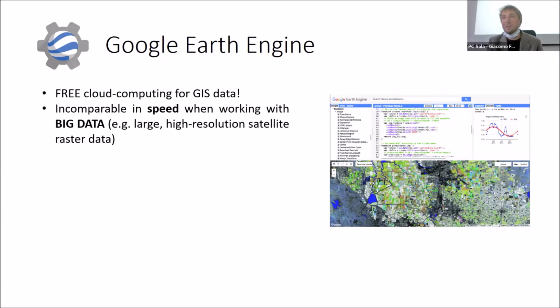If you have to do something with large spatial data, any type of operation, from extracting climate information over different countries for many years to, I don't know, finding the closest point to a given location for a lot of points, this type of very heavy task that can be useful for researchers, doing it in Google Earth Engine usually takes a couple of seconds, and on your computer it can sometimes take hours. So when you work with big data, you can really start to see the value added of doing this.